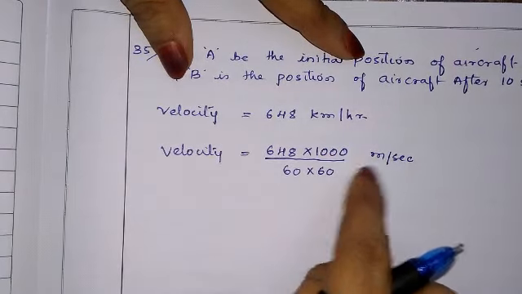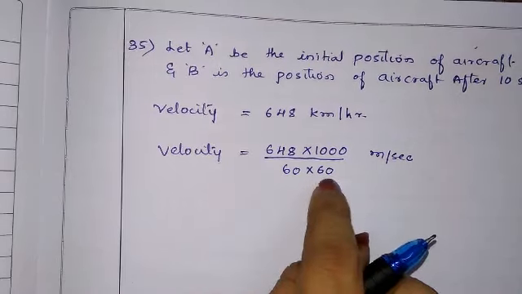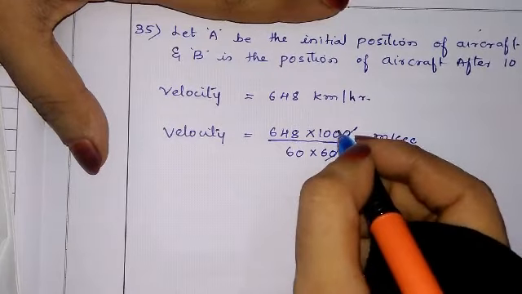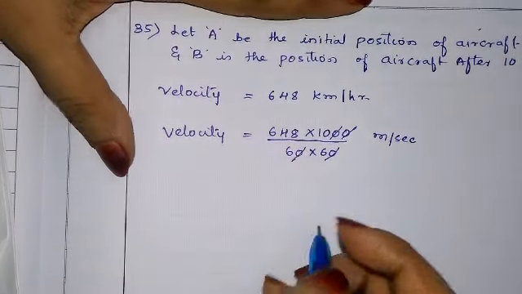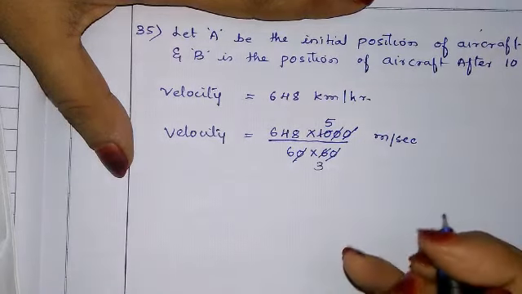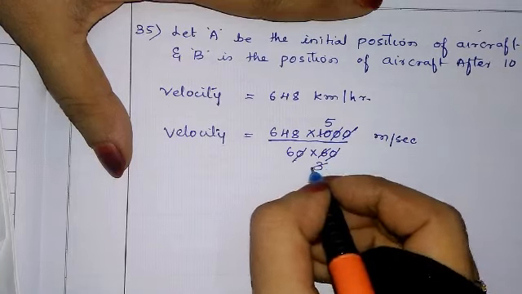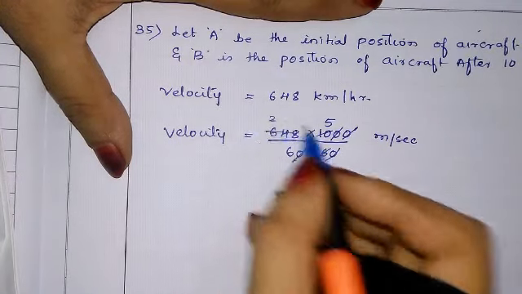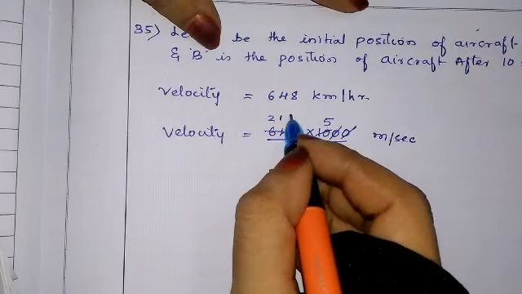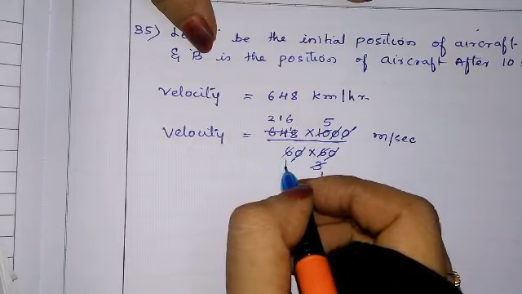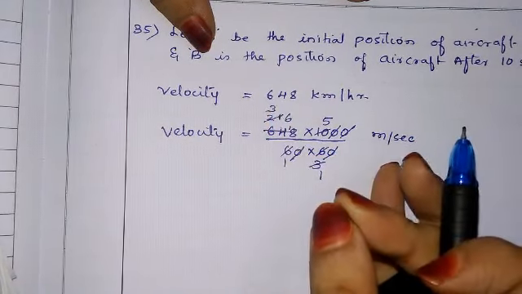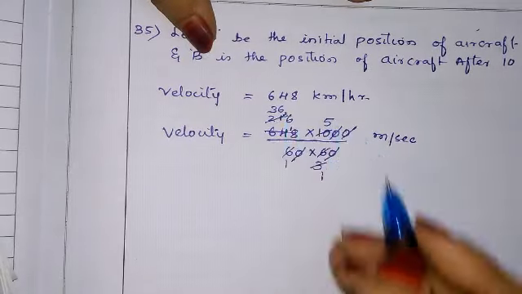Meter into 1000, second 60 into 60, because a minute is 60. So 60 into 60. Let us see here. One 0 gets cancelled, one more 0 gets cancelled. Now 2 5s are 10, 2 3s are 6, and so on.